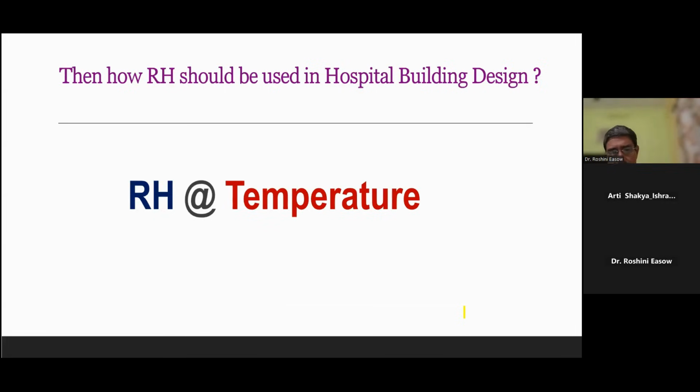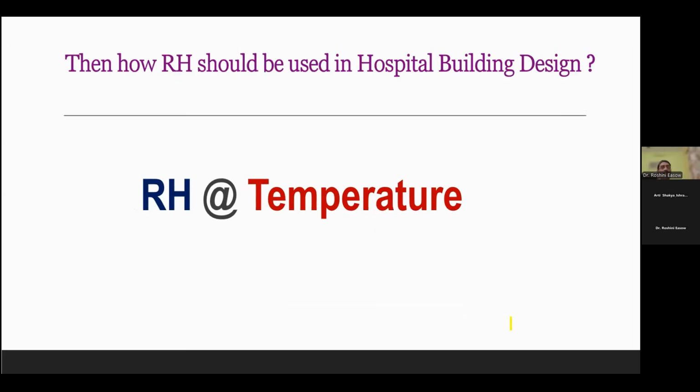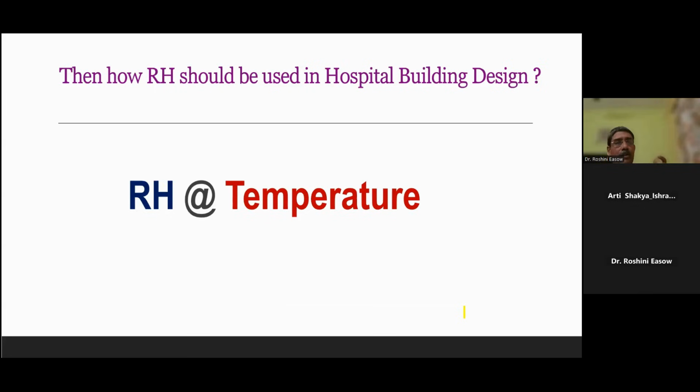When the temperature is increasing, slowly RH is reducing. When we reduce the temperature, RH increases and goes toward condensation. But the moisture content remains the same until it comes to the condensation level, at 100%, when condensation starts.